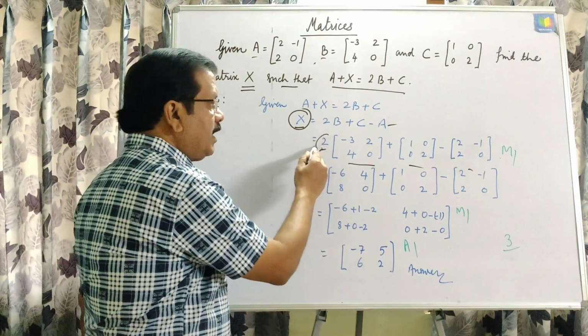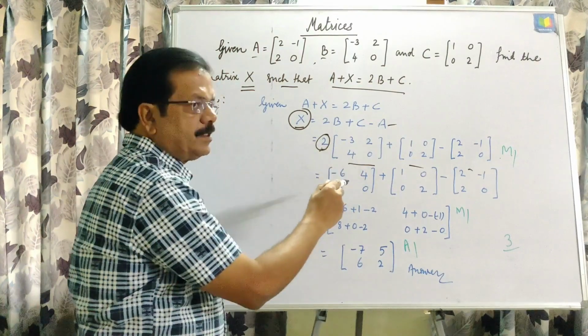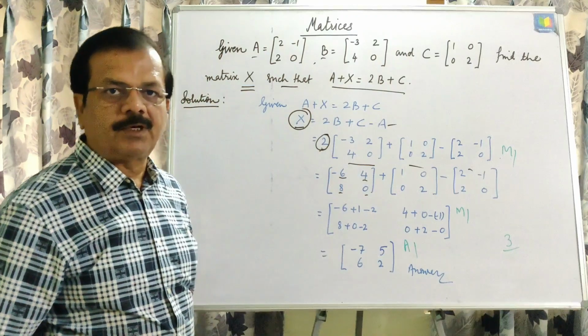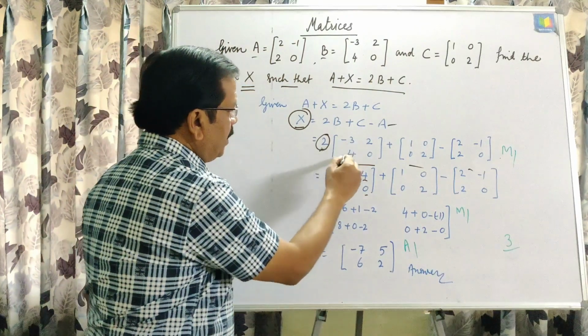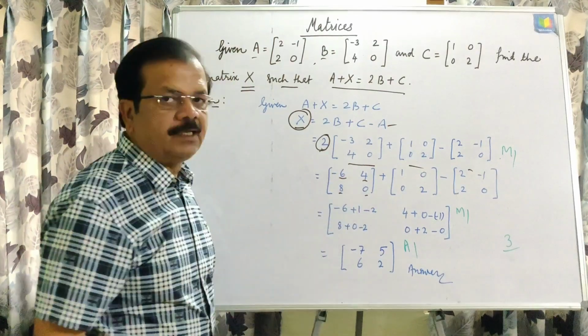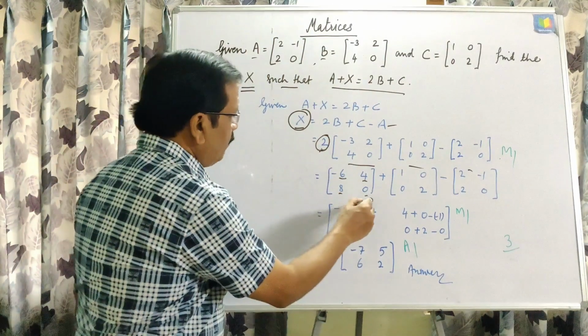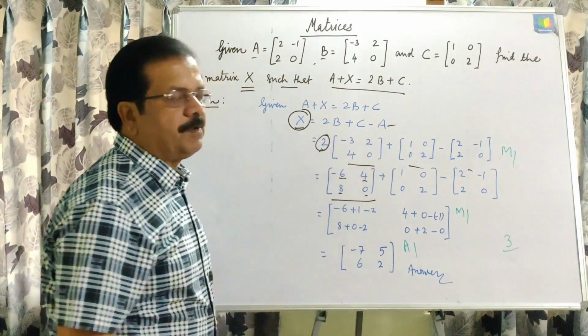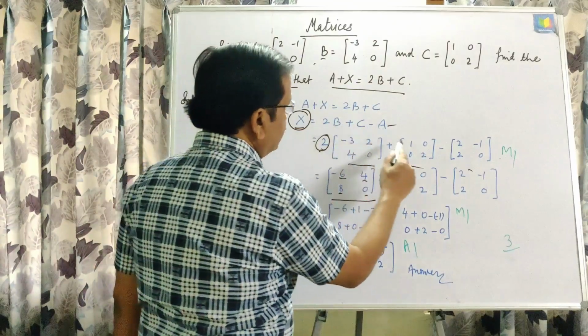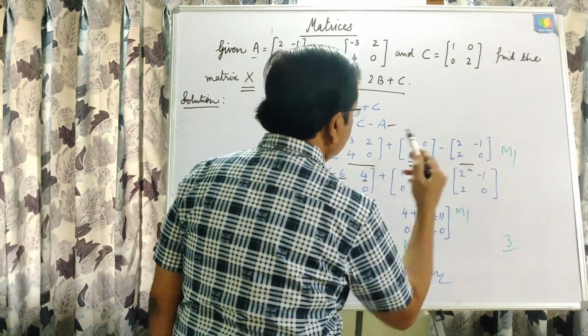Once we multiply a matrix by a scalar, each element should be multiplied by that same number. That is 2 multiplied by minus 3, 2 multiplied by 2, 2 multiplied by 4 and 2 multiplied by 0. This is the value of 2 multiplied by this matrix. This is scalar multiplication. Now plus C, the value of C, minus A.